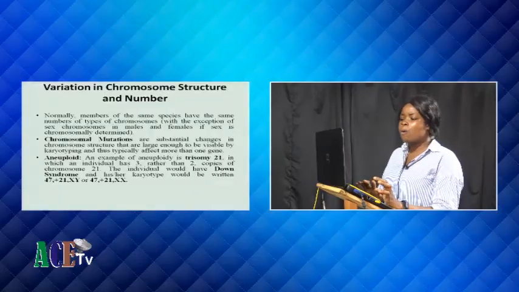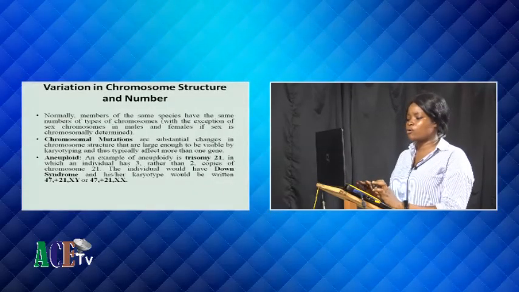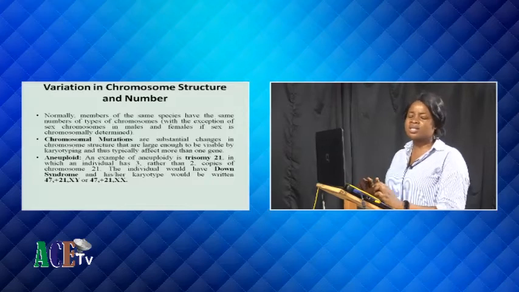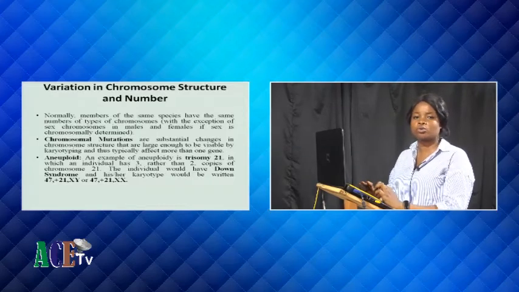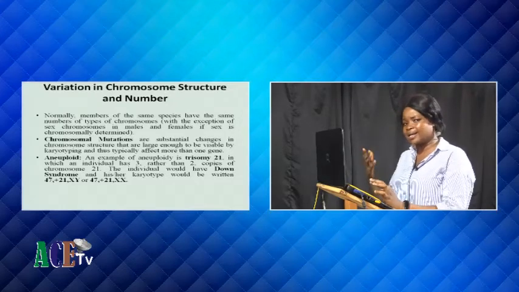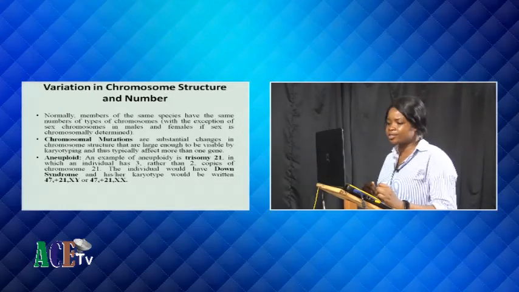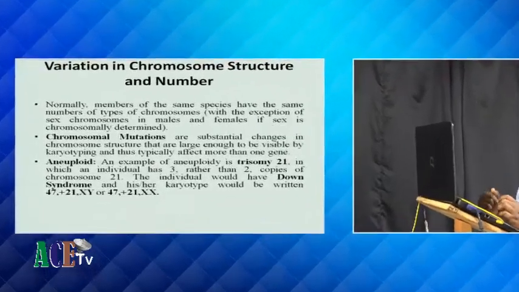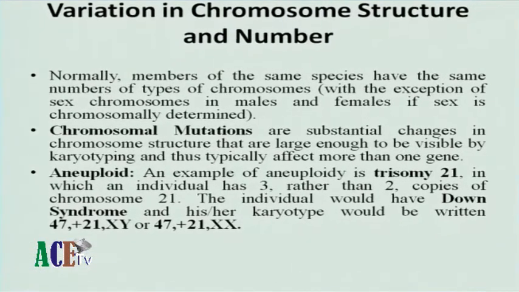Members of the same species have the same numbers and types of chromosome, with the only exception of the sex chromosomes, which in male you have X and Y and in female you have XX. So when mutation occurs at the chromosomal level, it can cause phenotypic changes.